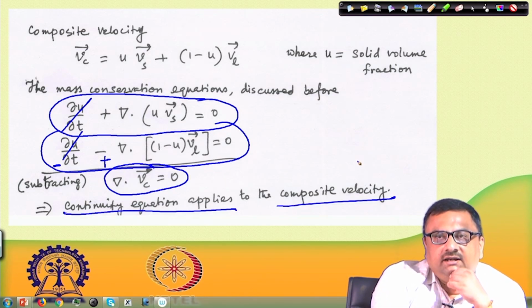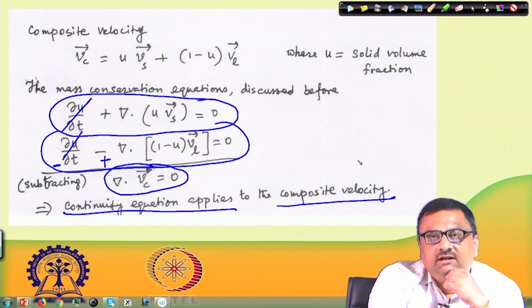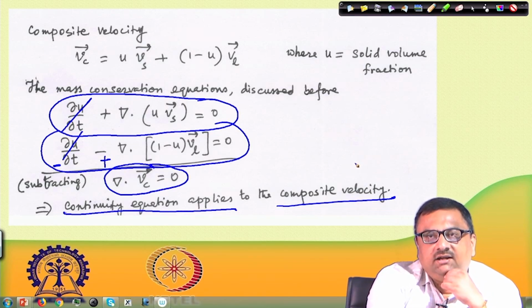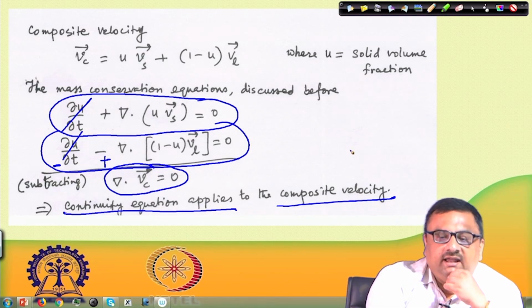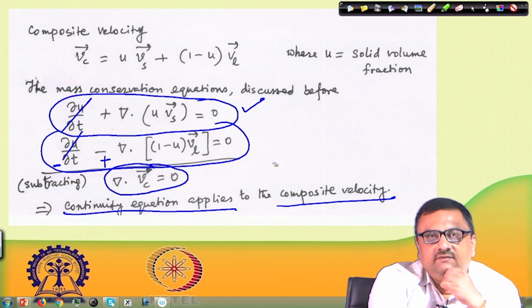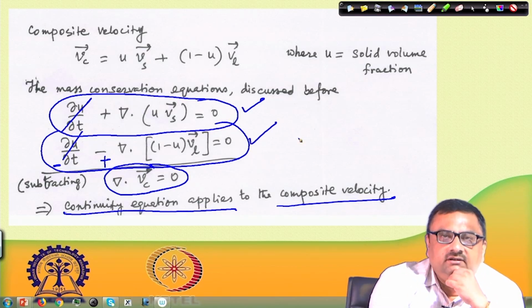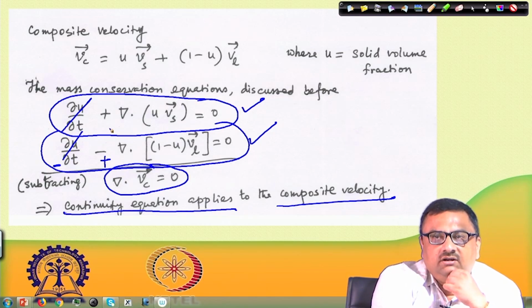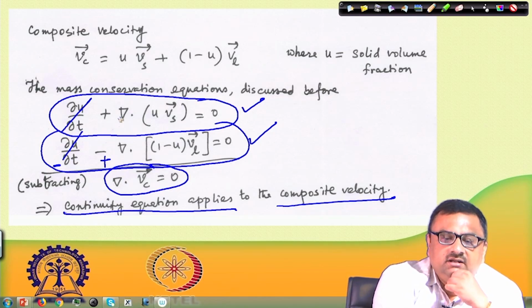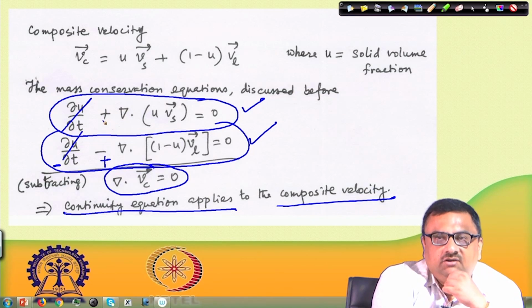So the continuity equation applies to the composite velocity. The way we considered the fluid velocity and the mass continuity for the fluid, here we have mass conservation for the solid, but since the rho for the solid and fluid are considered constant, it is automatically volume conservation.